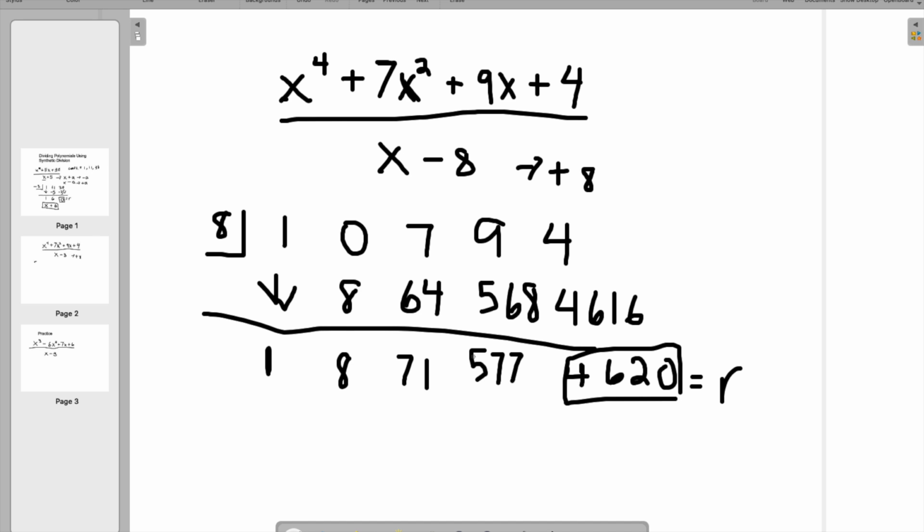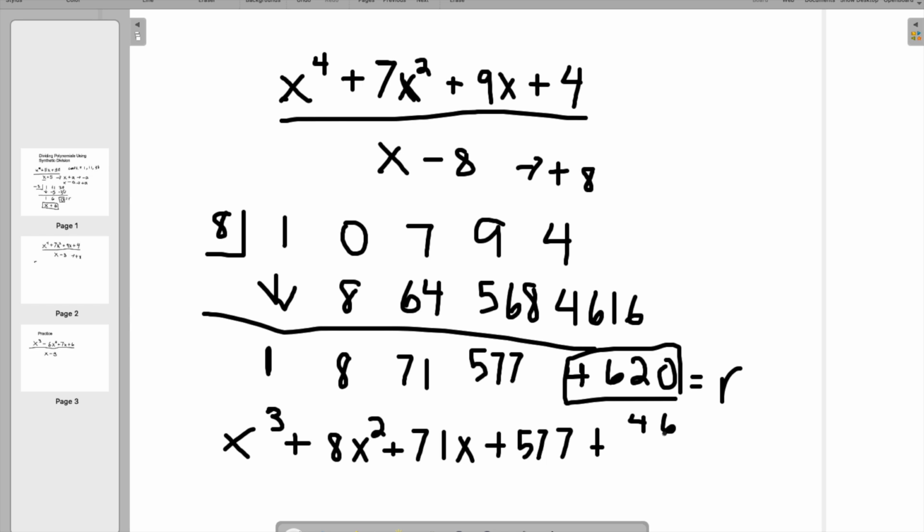And then since our first degree was x to the 4th power, we're going to write x to the 3rd power, because it's 1 degree less, plus 8 times x to the 2nd power, plus 71x, plus 577, plus 4,620 over x minus 8.